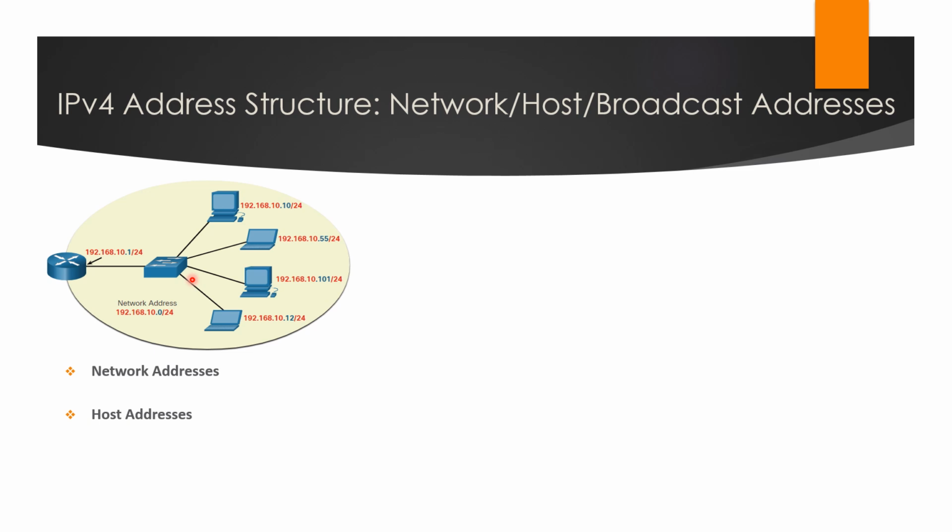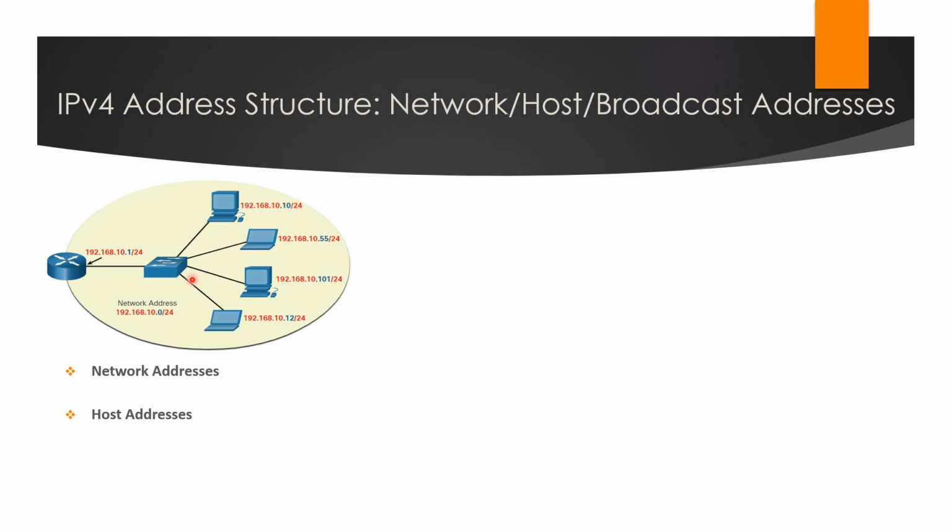We have the host addresses. Host addresses are addresses that can be assigned to a device such as a host computer, laptop, smartphone, web camera, printer, or router. The host portion of the address is the bits indicated by 0 bits in the subnet mask.